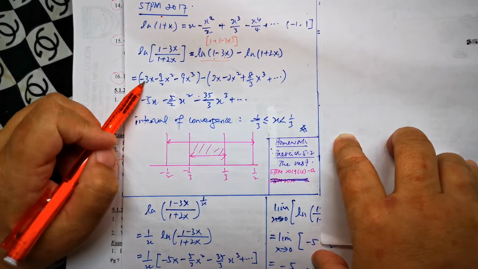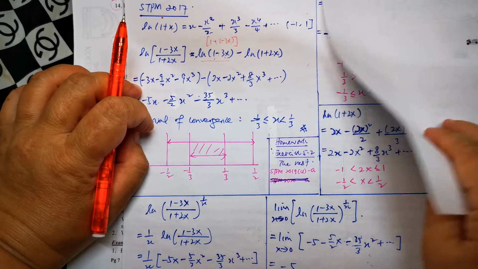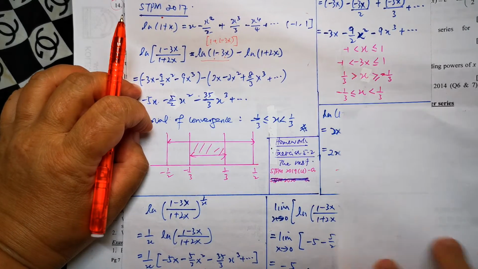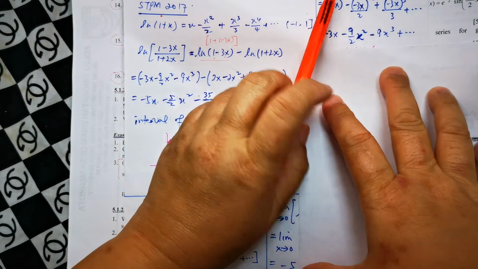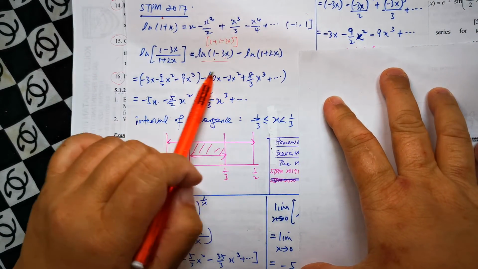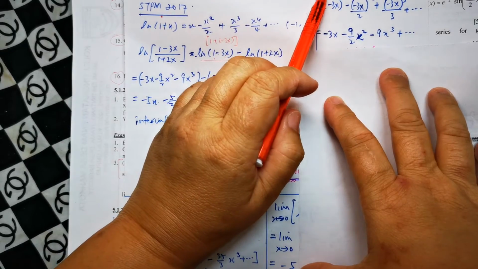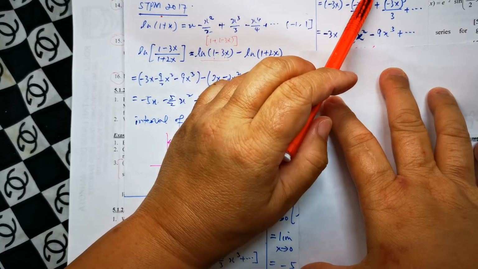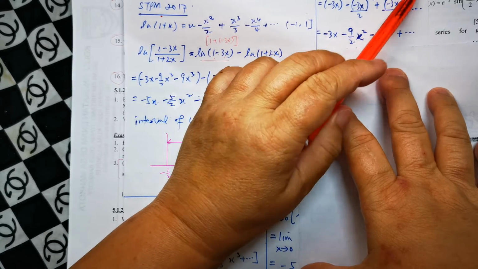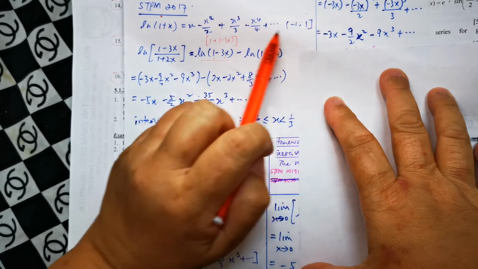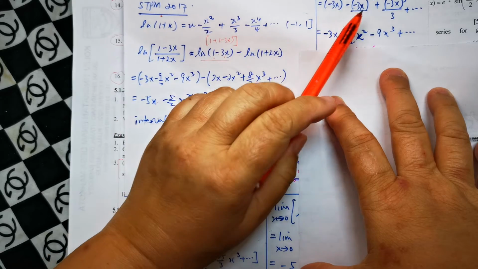So you see, I do it here. This expansion I do it here. So ln 1 minus 3x I can write as ln 1 plus negative 3x. So you sub negative 3x into all the x in this standard Maclaurin series.